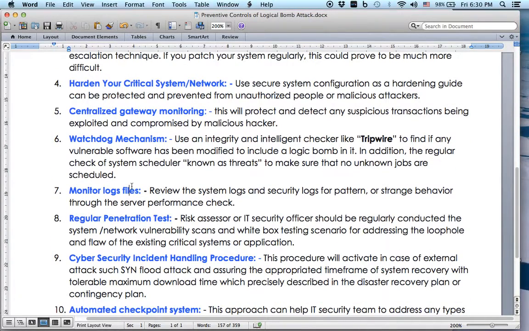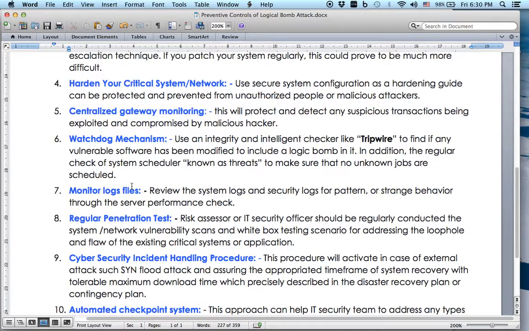So the next is monitoring log files. Normally, the IT security role needs to review based on the critical system. For example, for the IDS IPS system, IT security needs to check on a weekly basis based on the volume of transactions, based on the packet flow, whether internal or external transactions.